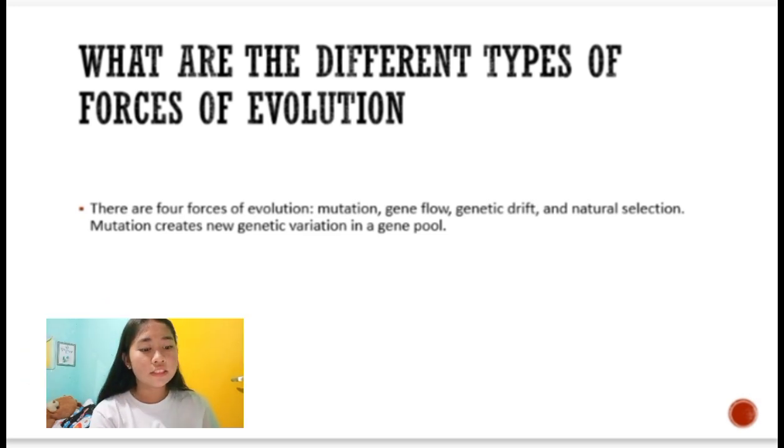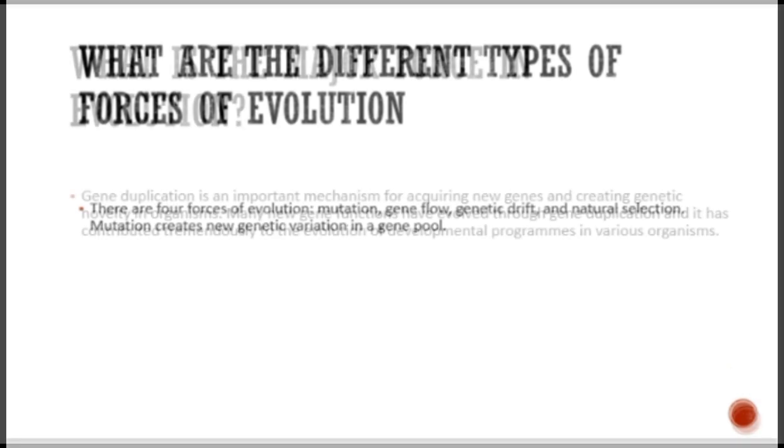Gene flow is the transfer of genetic material from one population to another. If the rate of gene flow is high enough, then two populations will have equivalent allele frequencies and therefore can be considered a single effective population.